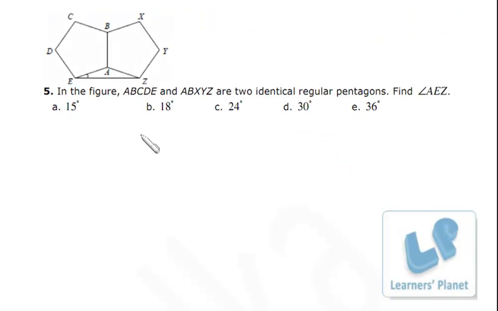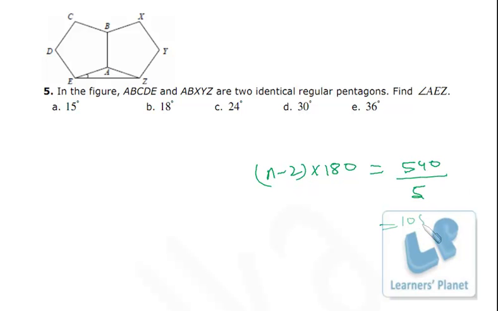In the figure, ABCDE and ABXYZ are two identical regular pentagons. Find angle AEZ. Pretty interesting question. If it is a regular pentagon, each angle should be 108 degrees, right? That we have already discussed in our basic session. Sum of all the angles will be n minus 2 into 180. That is n is equal to 5 over here, so that's 540 divided by 5.